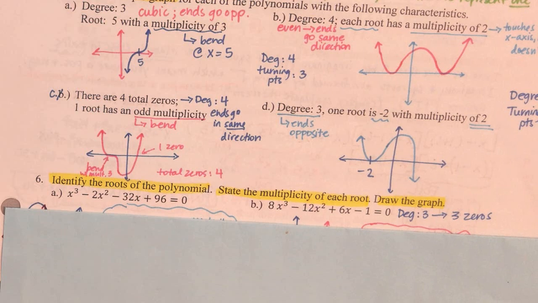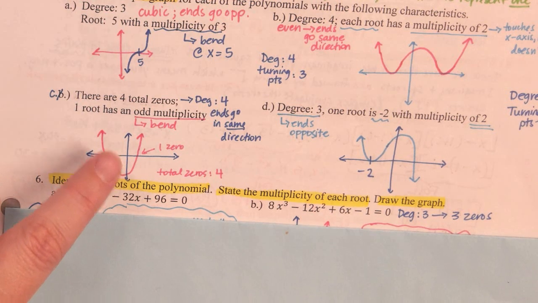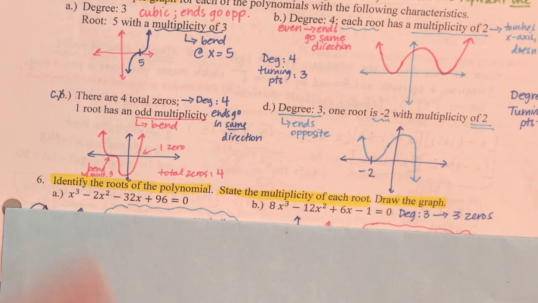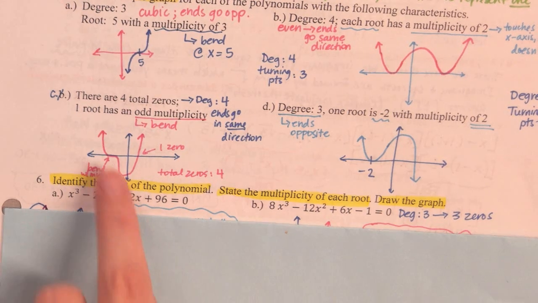And then for part C, which I think says part B on yours, there are a total of 4 zeros. So the ends are going to go in the same direction. One root has an odd multiplicity. So if it has an odd multiplicity and there are 4 total zeros, this has to be 3 zeros here.